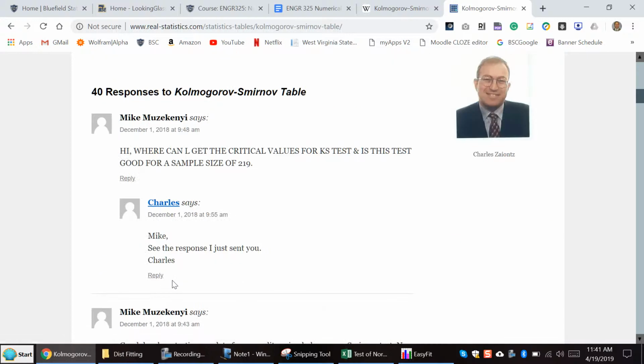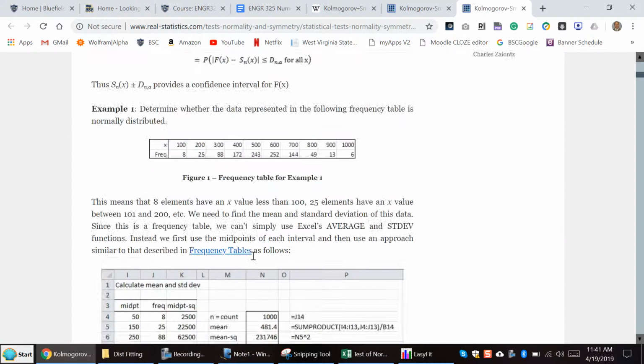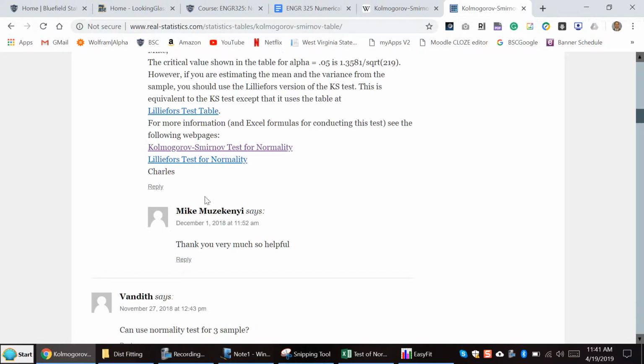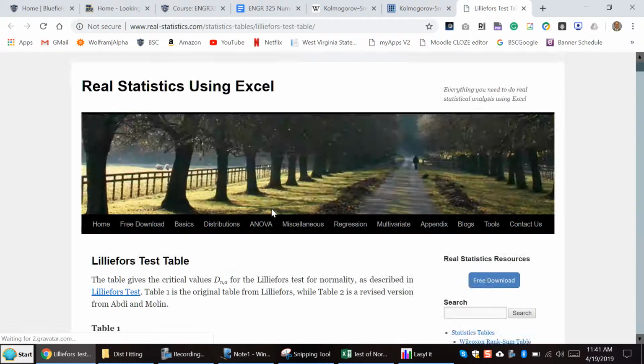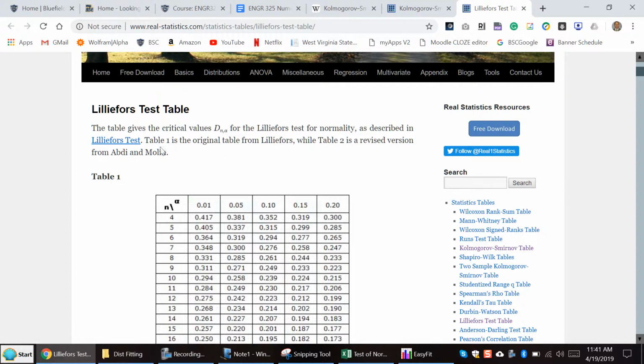So, somewhere down here, let's see if it's got other tables. Yeah, okay. So right here, this is what this says.